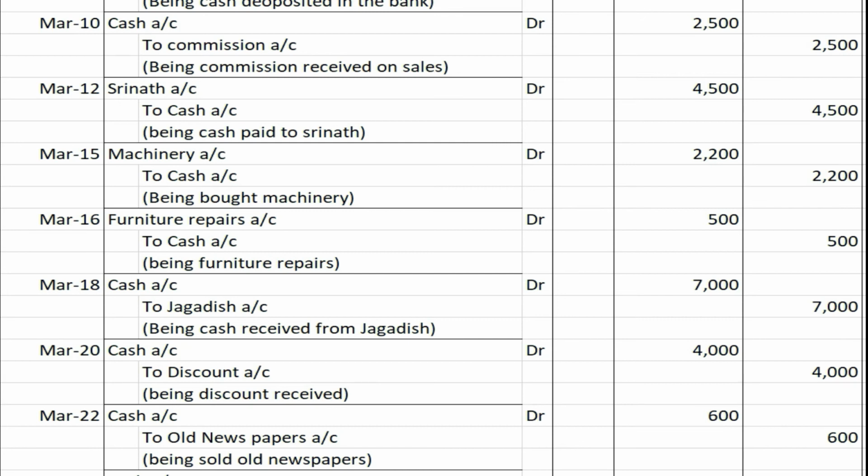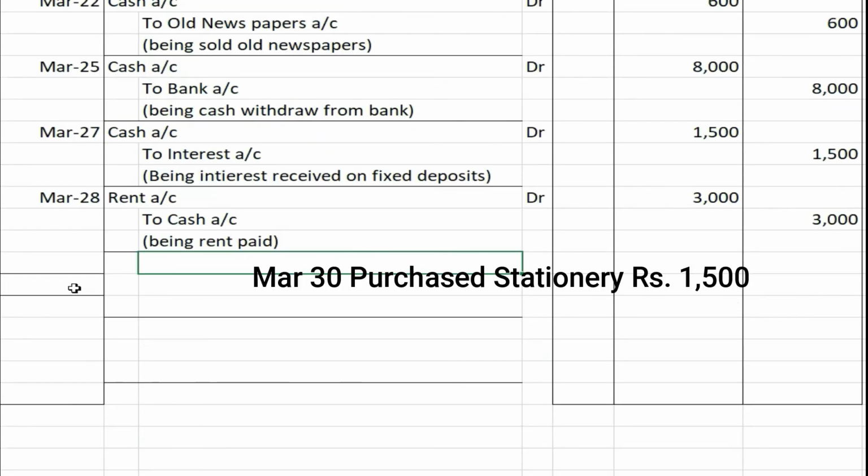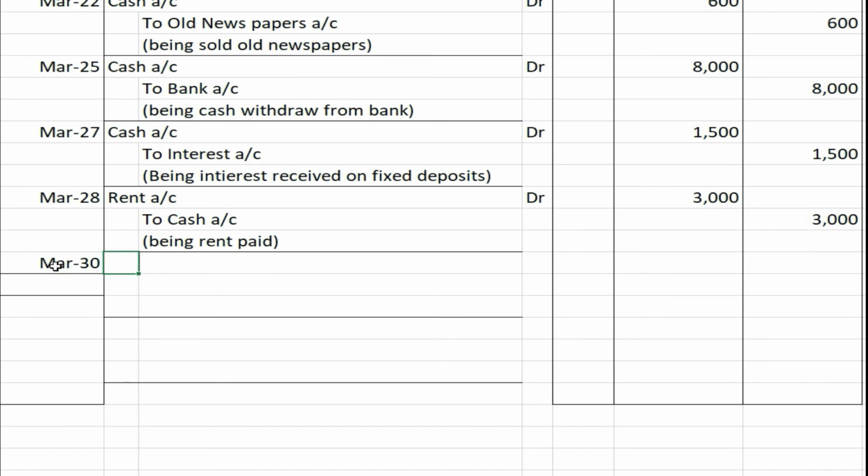Okay, next transaction. March 30, purchase stationery 1500. Here stationery account is debit, then cash is going credit. So journal entry is stationery account debit to cash.